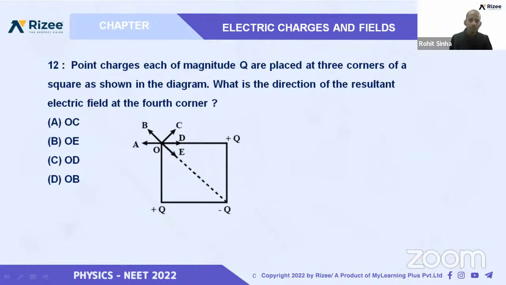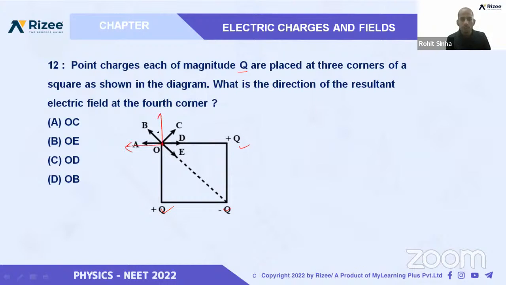It is telling that capital Q charges are present here and here, and it asks in what direction the electric field will be at the fourth corner. For this charge plus Q, the electric field will be in this direction, and for this charge it will be in this direction.